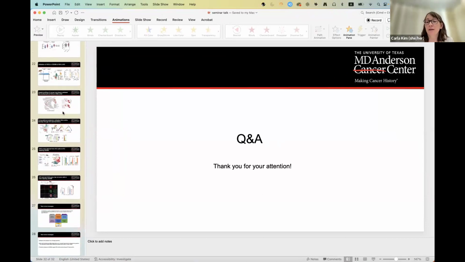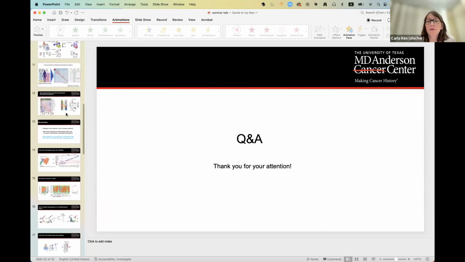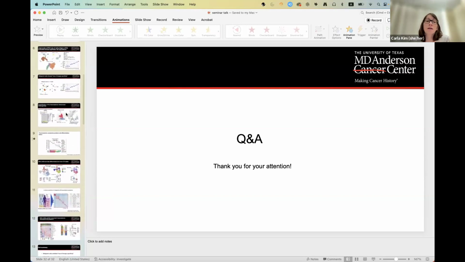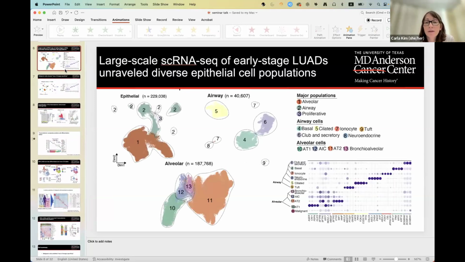So maybe I can get us started. Again, really interesting, and I have many questions for you since we're very interested in this topic as well. I was curious, you showed in the very beginning that in your tumor samples you could identify cells that looked like AT1 cells, AT2, the alveolar intermediate cells, and you also had a cluster that was like bronchioalveolar cells.